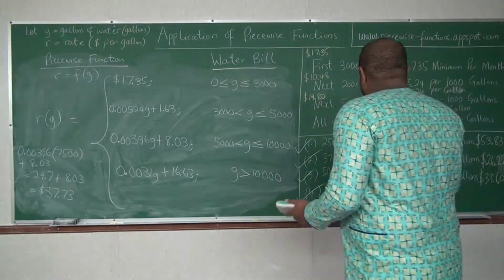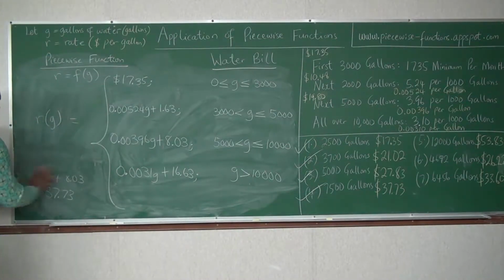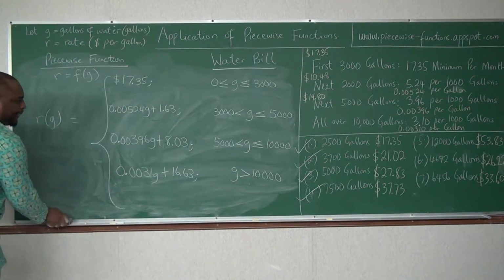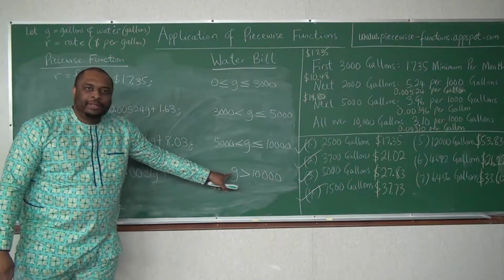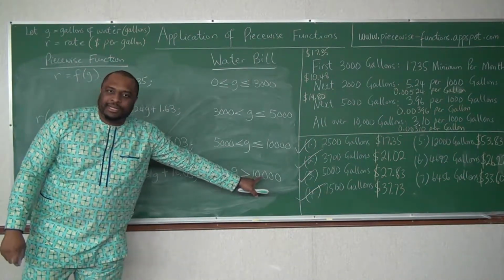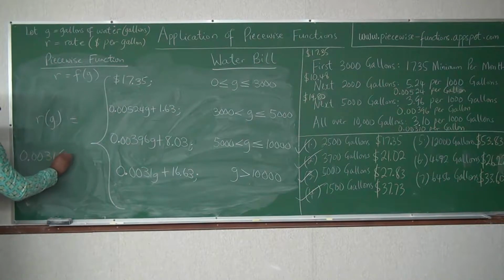Okay? Now the next one, 12,000 gallons. What piece is it? It is in this piece, because 12,000 is greater than 10,000. So this will be 0.0031 times 12,000 plus 16.63.